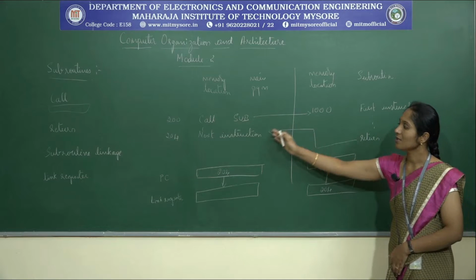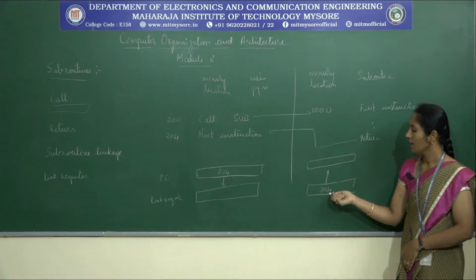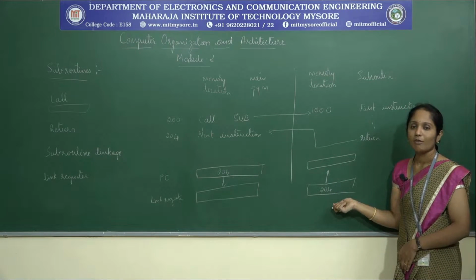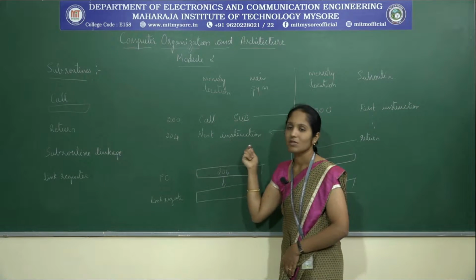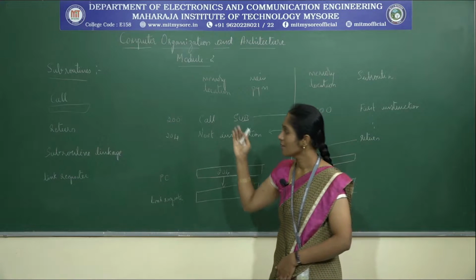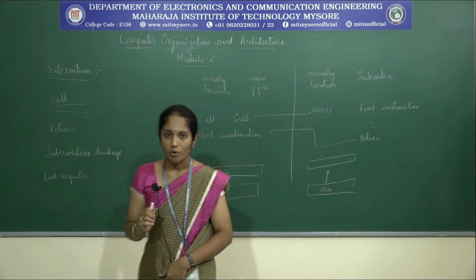When this return instruction is executed, it is going to copy the content of the link register into the PC, so that it points to the next instruction which is to be executed. So this is about the subroutine.